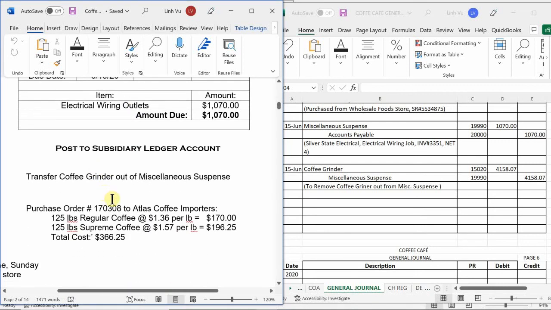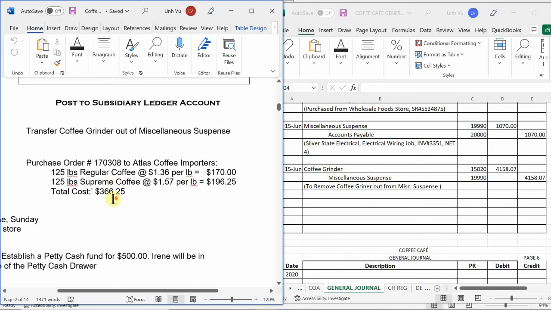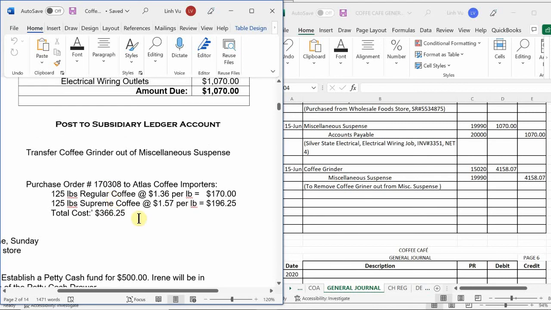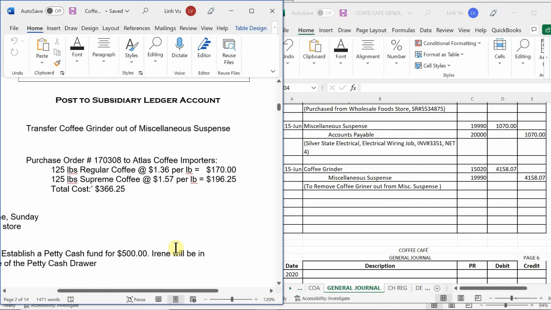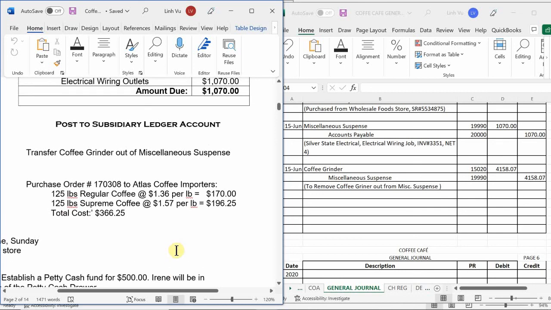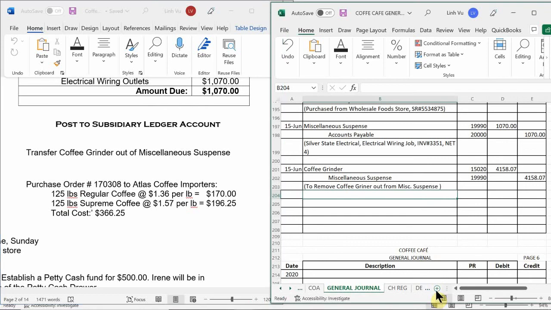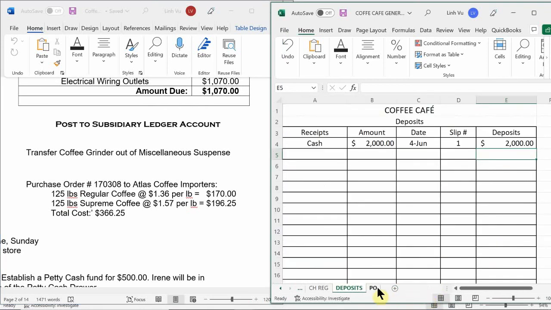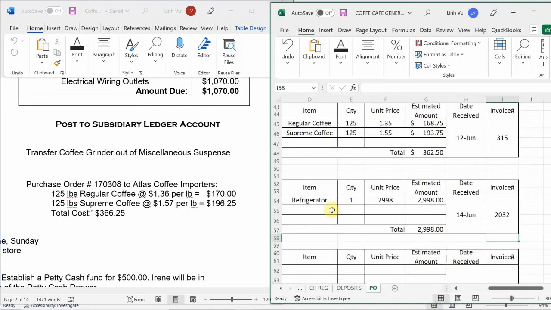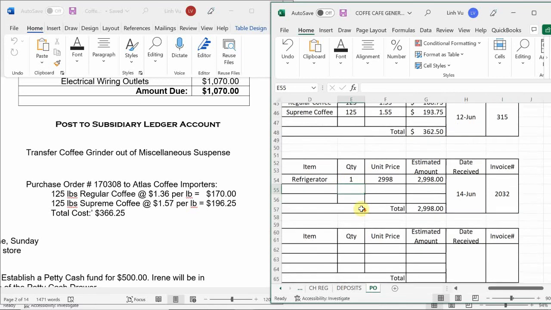Okay, we made a purchase. We're putting in a purchase order. Here's my purchase orders list.